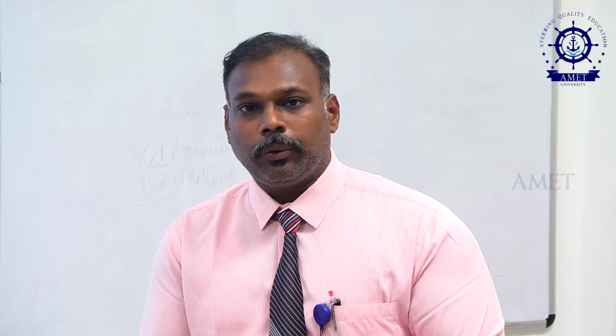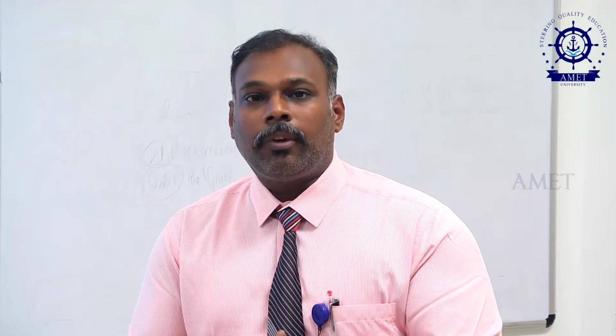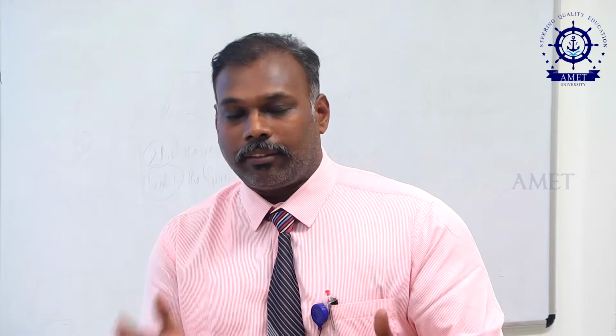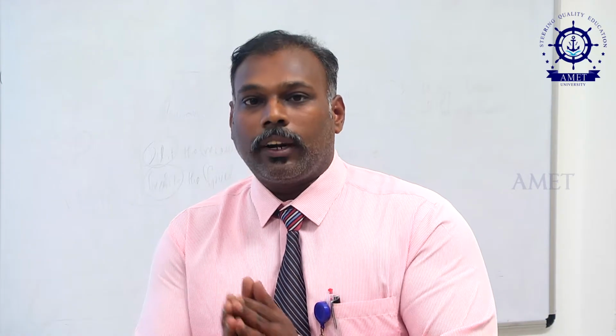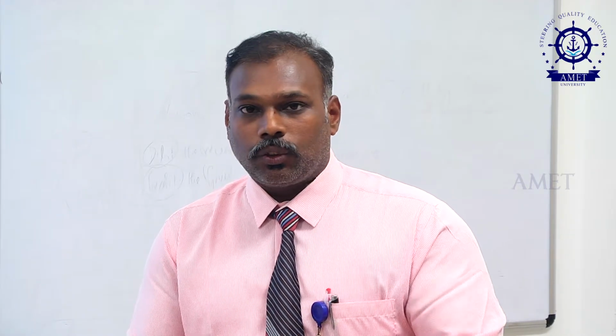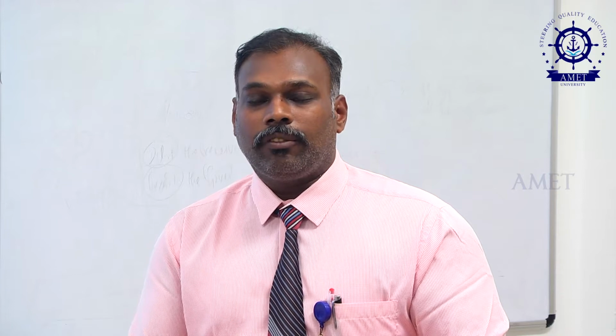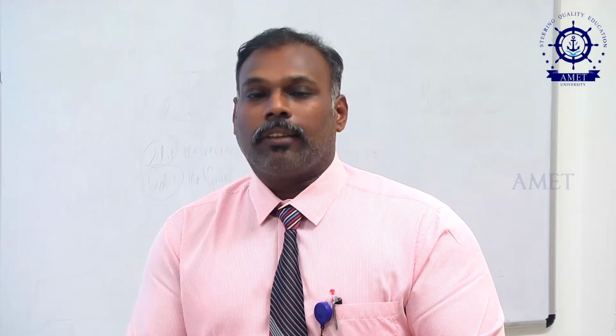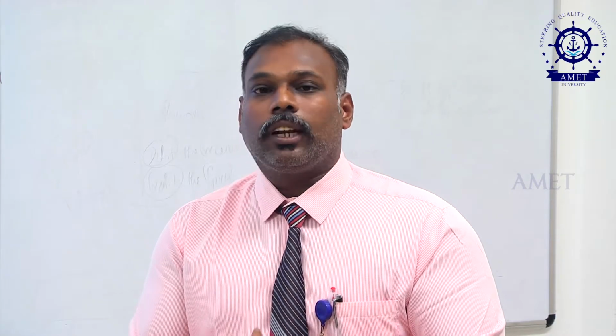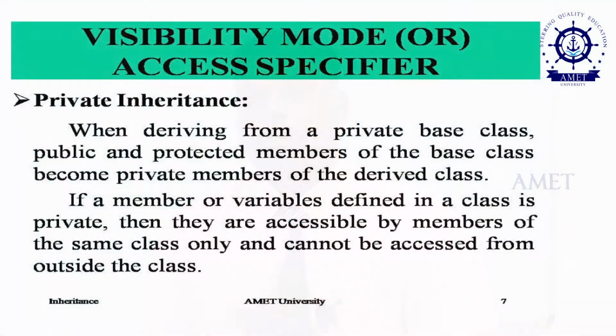We are going to provide some access to the classes. We already discussed the base class and derived class. There are 2 classes, and one class is going to use the features of the other class. While accessing, we provide some protection, and that protection we call access specifiers.